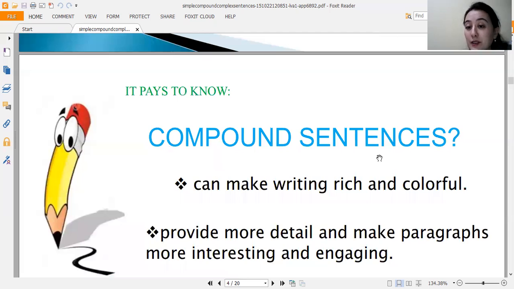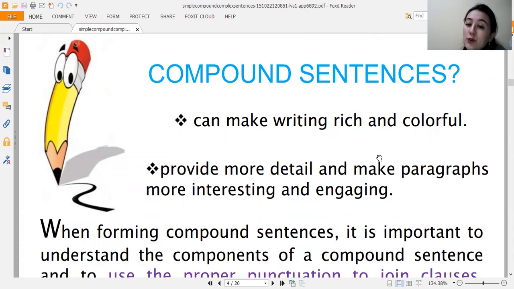So, compound sentence. Why do we need that? Just to make sentences more difficult? Yes, or maybe, but this is to make our writing or speech more rich and colorful, or to provide more detailed information and make paragraphs more interesting and engaging.